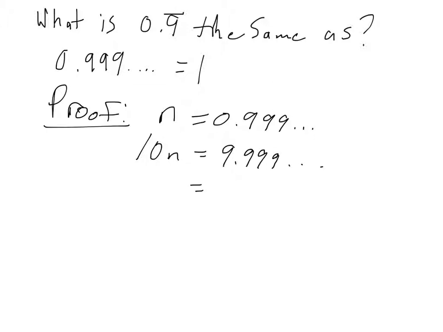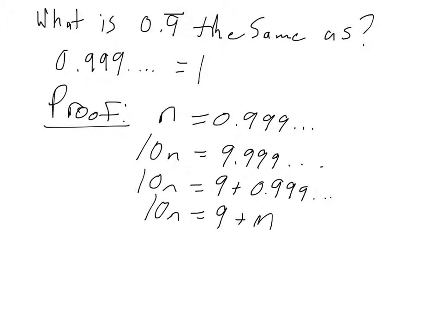And we realize that 9.999... is the same as 9 plus 0.999... And we had earlier defined n to be equal to that, so we do a substitution and say that's equal to 9 plus n. If we subtract the n from both sides, we get 9n equals 9, and therefore n equals 1. So that's a pretty convincing algebraic proof that 0.999... does in fact equal 1.